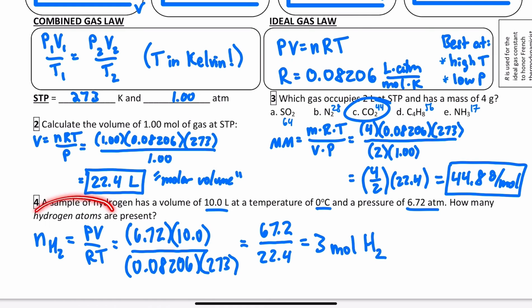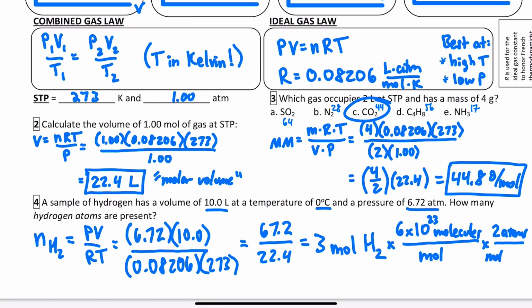But I want atoms. So how do I get hydrogen atoms? We need to do a couple more conversions with this. First, we're going to turn moles into molecules. There's Avogadro's number of molecules per mole. And then if I want atoms, I have to know that there are 2 atoms per molecule because it's diatomic.